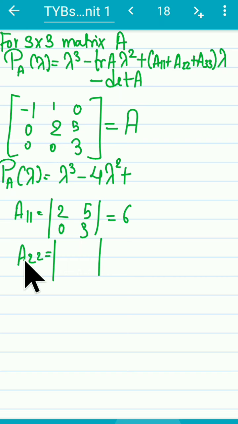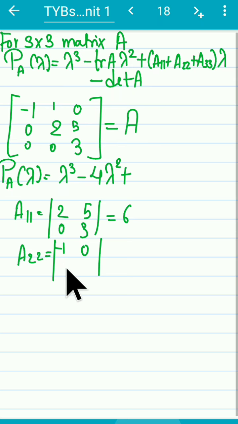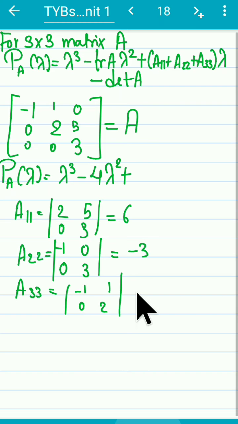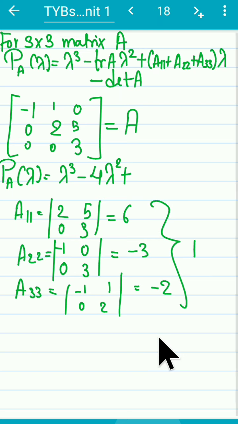So it becomes 3, 2; 0, minus 1, which is minus 3. What is A33? Deleting the third row and third column, it is 3, minus 1; 0, 2, so it is 6. If I add the 3 of them, I get the answer as 1. So it is 1 times lambda, minus the determinant of this.